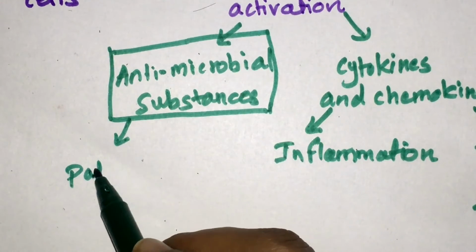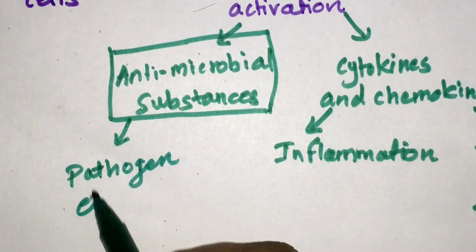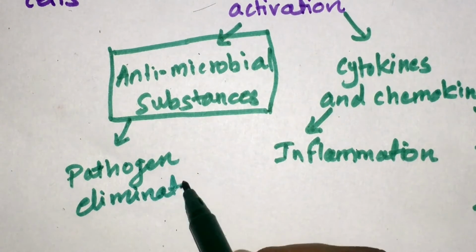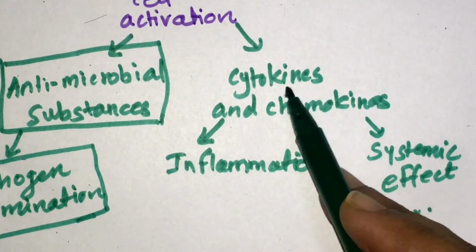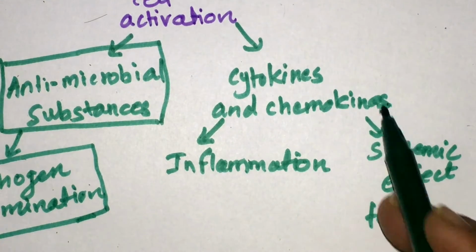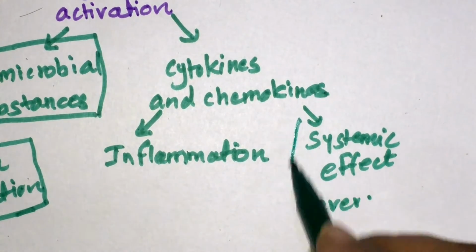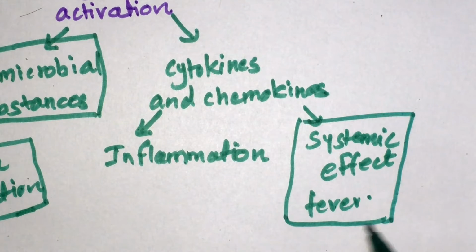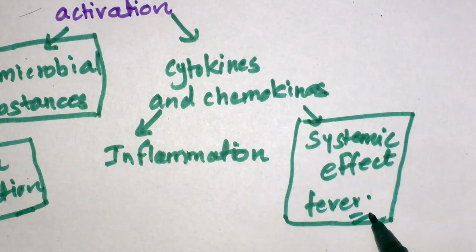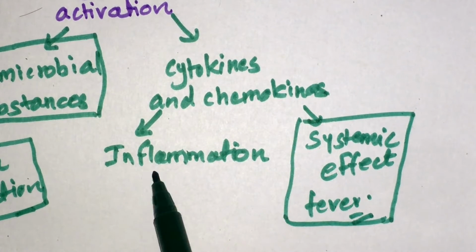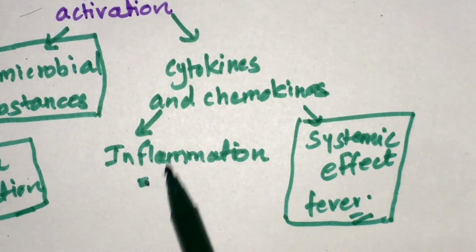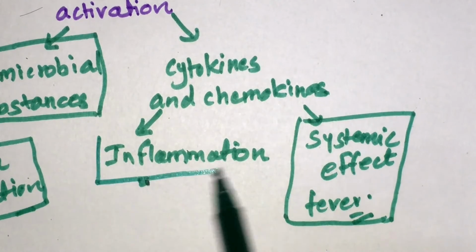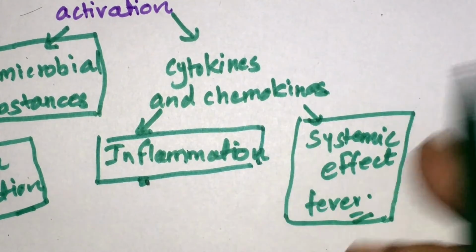Or cytokines and chemokines will be produced. Then the body is going to give a systemic effect in which the temperature of the body will be increased, which will help to eliminate the pathogens. Or there can be the inflammation process. By inflammation, it is going to recruit the cells to that particular site.